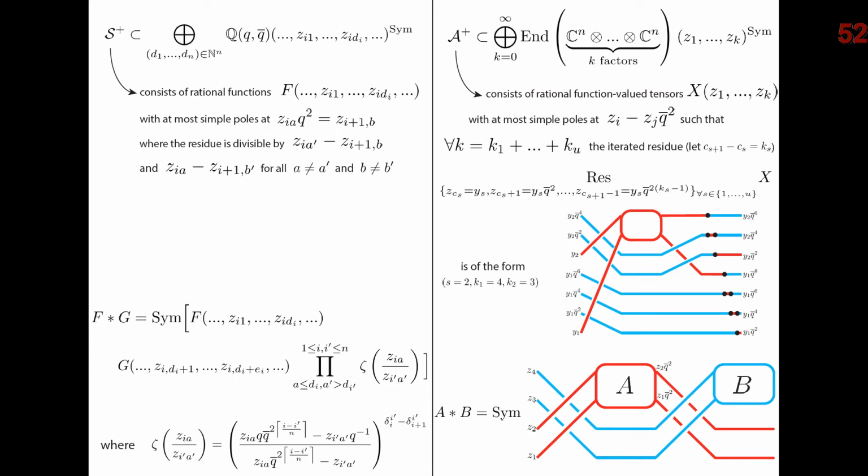Now I'm showing you over here a picture, and the question is how to think of this picture as an endomorphism of V to the power k with rational functions in z1 through zk. The explanation is over here. So a braid on k strands, for example, over here you have a braid on 7 strands, represents an endomorphism of C^n to the power 7 with rational functions in z1 through z7.